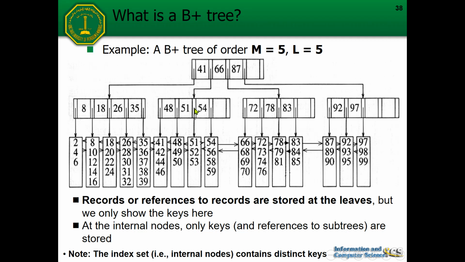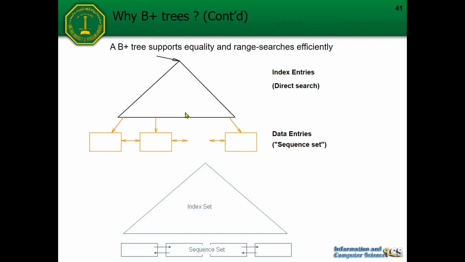By going in this direction, we can find the nodes containing the keys between 51 and 54. With a B tree, we will not be able to perform this operation very efficiently because a B tree does not have this kind of ordering. Only the B+ tree provides this kind of ordering, so that we can do the range search very efficiently.